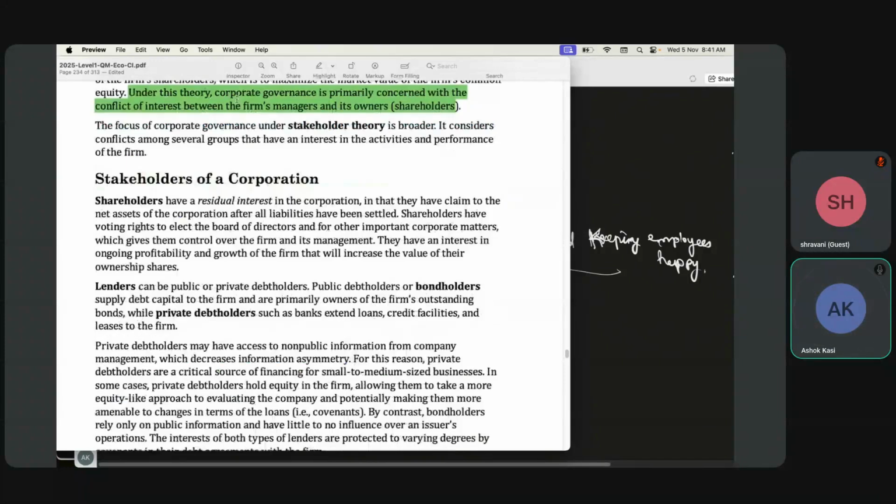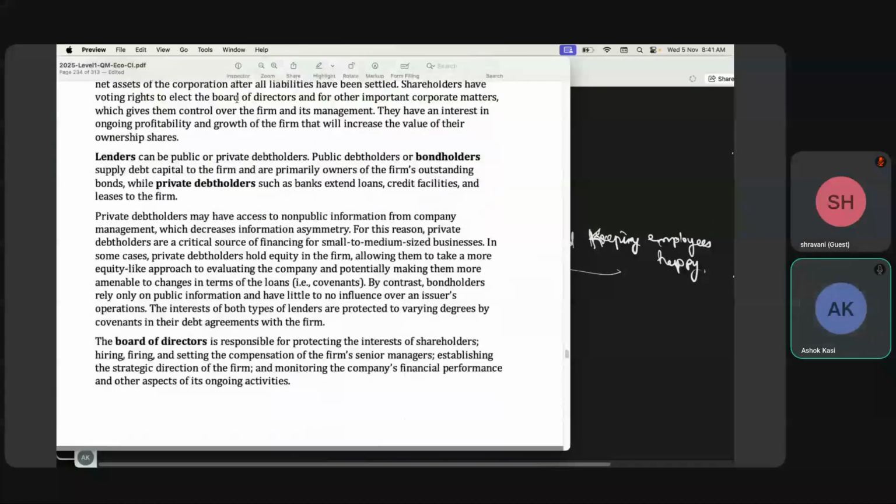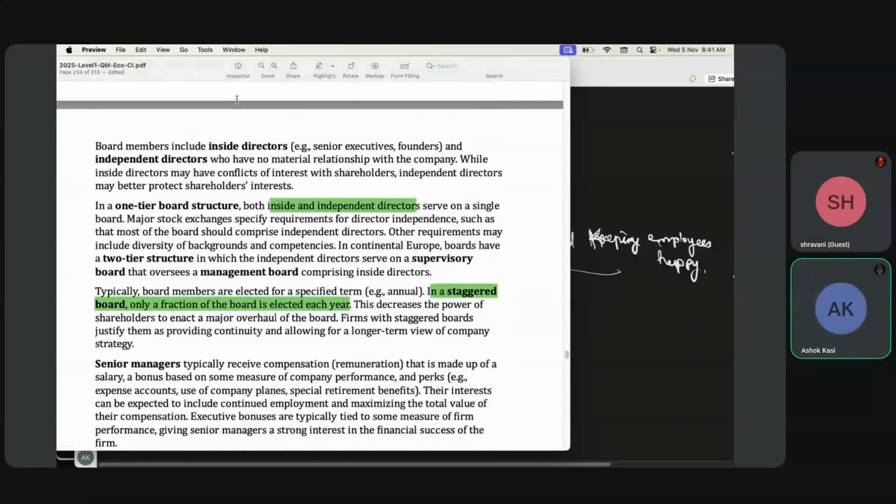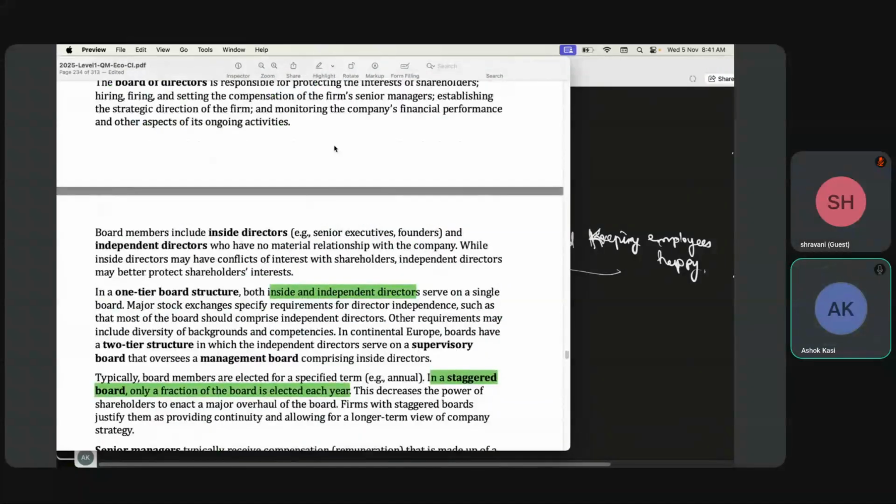Okay. Then the board of directors perspective includes inside directors, meaning those who work there: senior executives and founders. Independent directors are those who are not employees of the company. Why are they appointed?